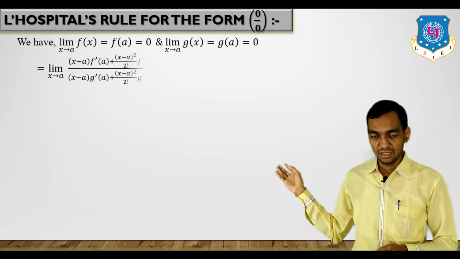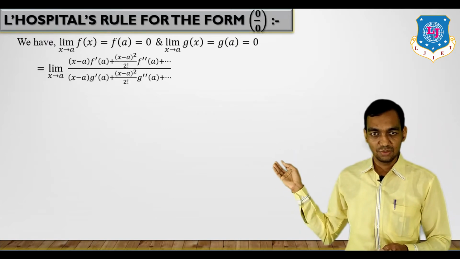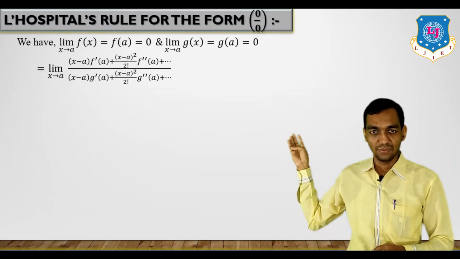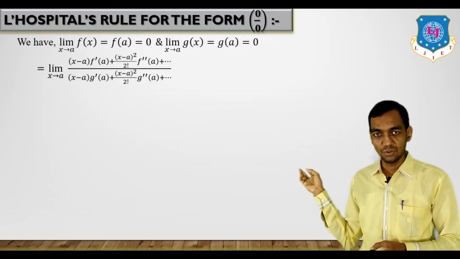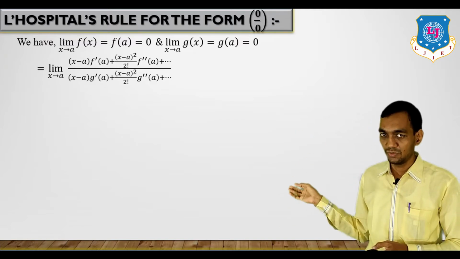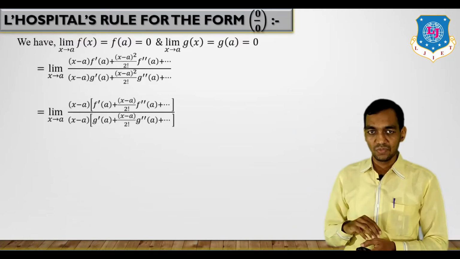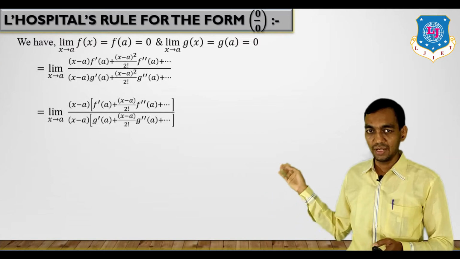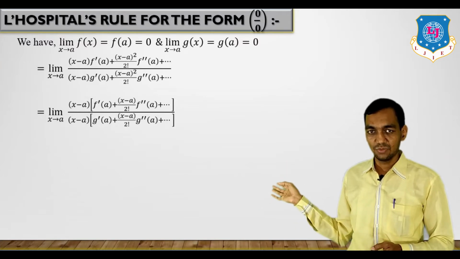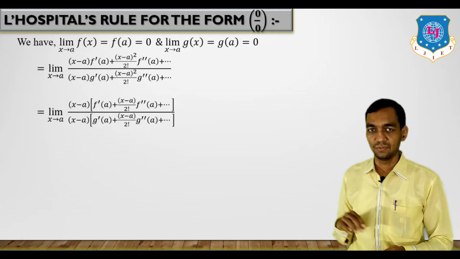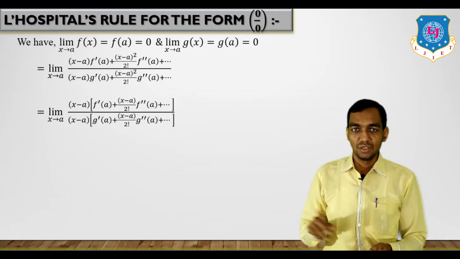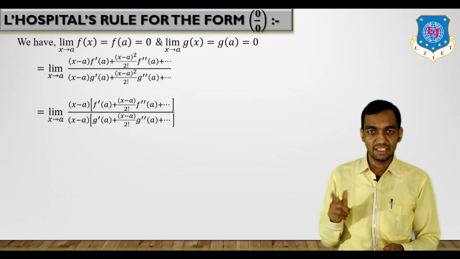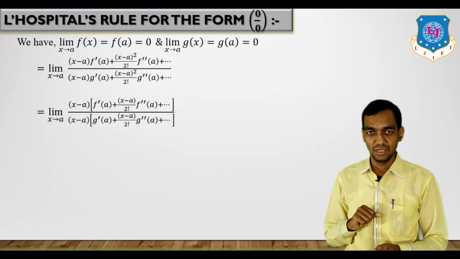So the first term in the numerator and denominator is going to be 0. So in the remaining limit you will have the limit as x tends to a of (x minus a) into f dash of a plus (x minus a) whole square by 2 factorial f double dash of a plus dot dot dot. In the same manner, in the denominator you will have (x minus a) g dash of a plus (x minus a) whole square by 2 factorial g double dash of a and so on. Now we are going to common out (x minus a) from numerator and denominator.